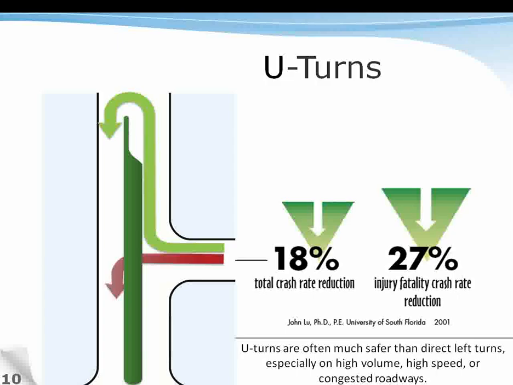However, the injury fatality crash rate was almost 30% down. Again, think about the right angle collision and the fact that it leads to more injuries than side swipes or rear-end collisions.